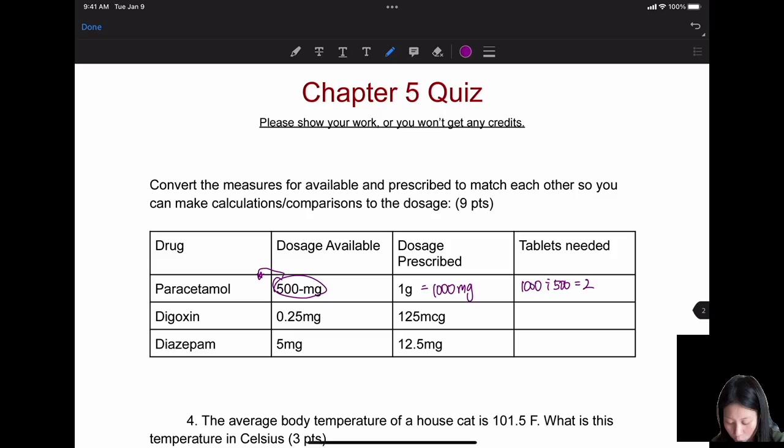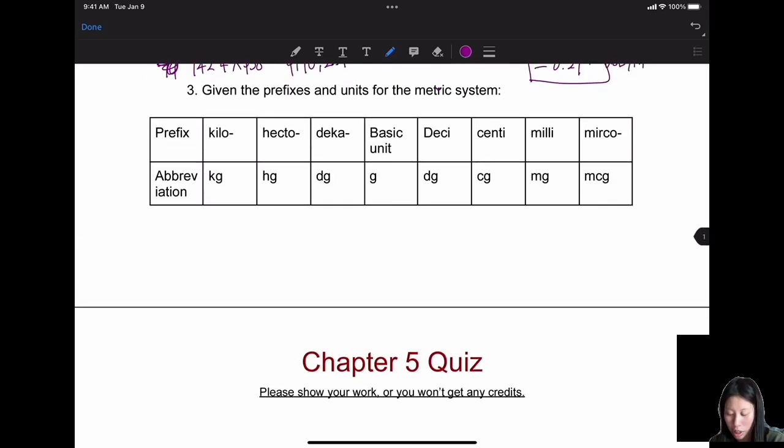Okay, so for another one, the dosage they prescribe is 125 micrograms, and each tablet, the dosage available is 0.25 milligram. So that means you need to convert this to micrograms first. Micrograms is on the right side of the milligram.